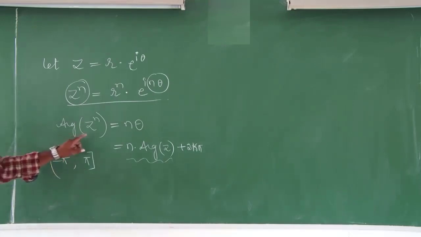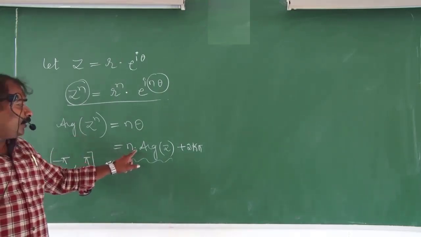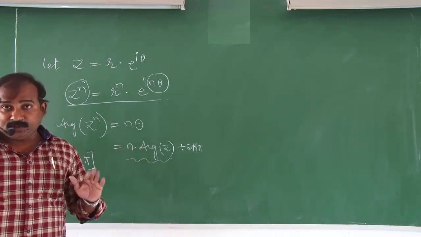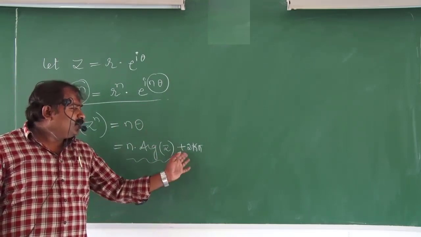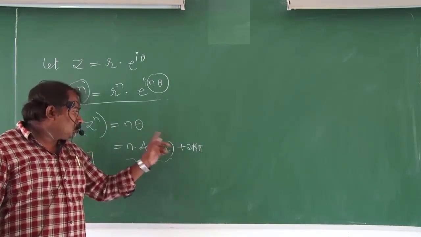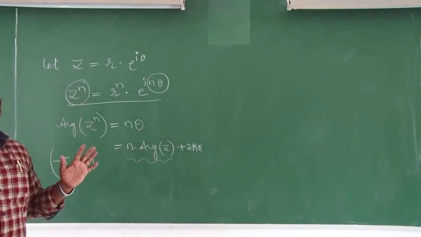Even if you find the argument value, if n into argument of Z is not in the principal argument range, just observe the position where it lies. Based on that, you can add or subtract, keeping the total value in the principal region. That's it.